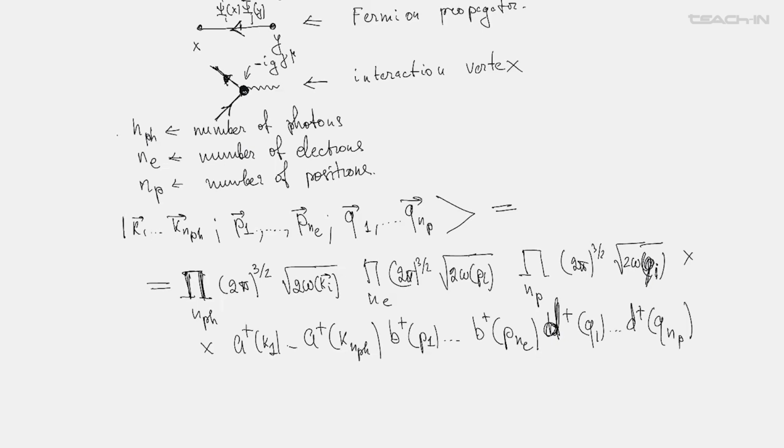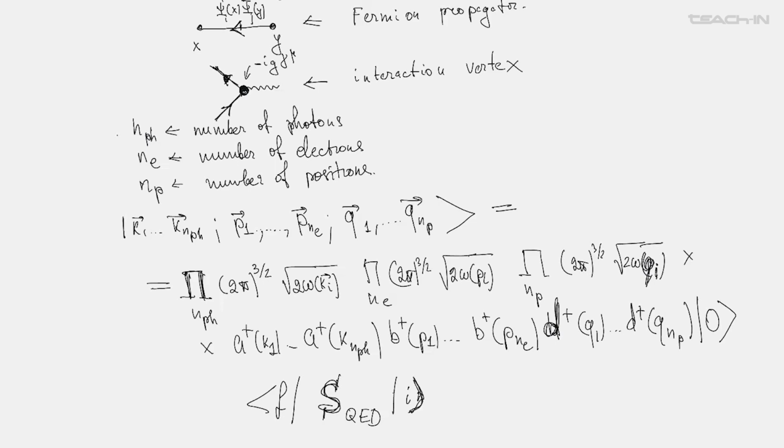This is our generic external state in the Fock space: a certain number of electrons, a certain number of positrons, and a certain number of photons. And then, if we want to compute the matrix elements and eventually the scattering amplitudes in quantum electrodynamics, we should take this S matrix of QED and sandwich it between final and initial states, each containing a certain number of these asymptotic particles.